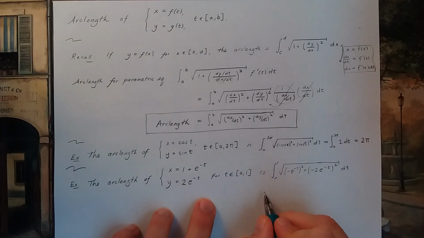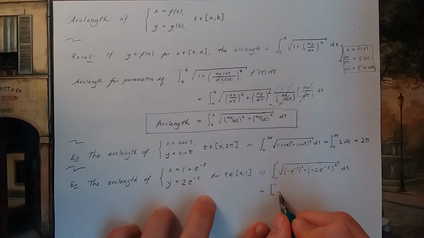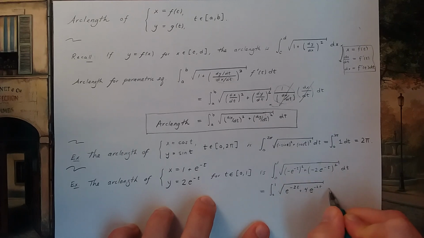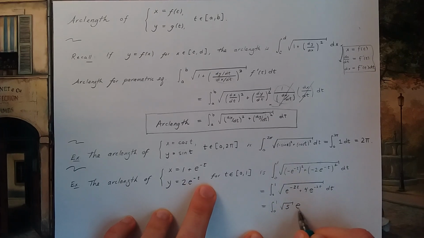Well, just simplifying a little bit, it turned out to be a pretty routine problem. So this would be e to the negative 2t, and this would turn out to be plus 4e to the negative 2t. That's the integral from 0 to 1 of the square root of 5 times e to the negative t dt.